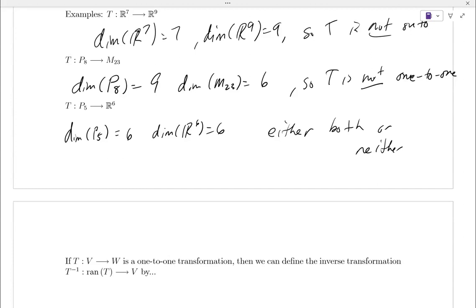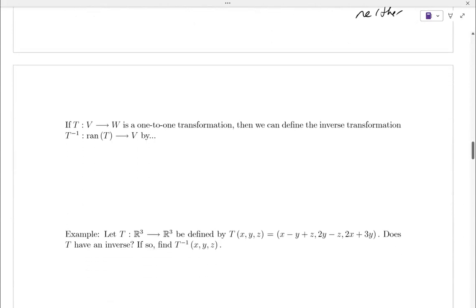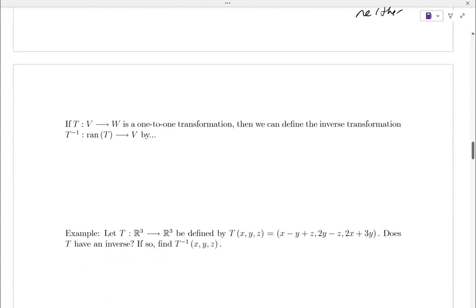So just briefly, we'll talk about the definition here for your inverse. We can define the inverse transformation. Well, remember, inverses just reverse your roles of x and y. Your x and y here are just your inputs and your outputs.